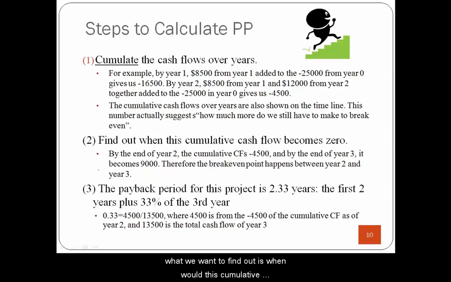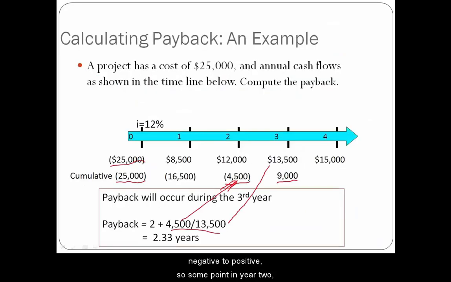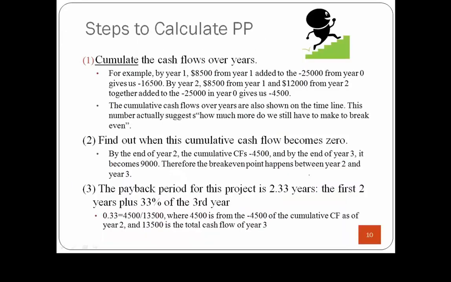And what we want to find out is, when would this cumulative cash flow become 0? So negative to positive. So some point after year 2, that's when your negative finally turns positive. Therefore, the break-even point happened between year 2 and year 3. So you just want to do the calculation as the first 2 years plus 33% of the third year.